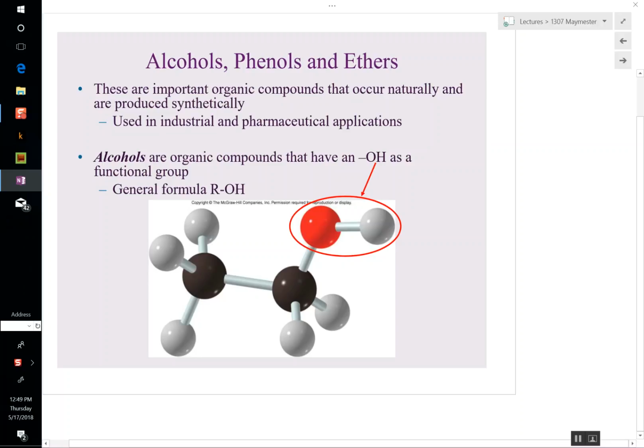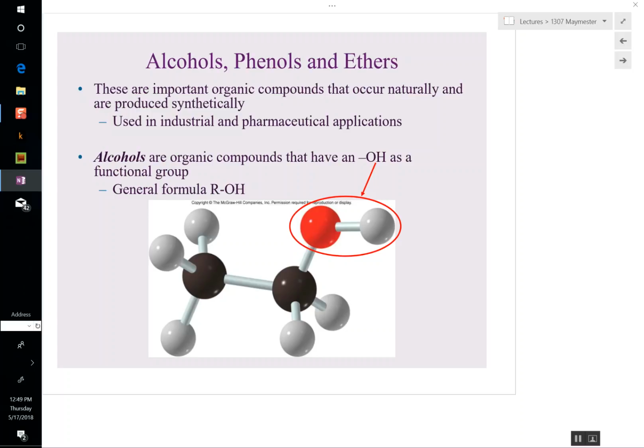Here's our little guy. Looks like a little puppy dog, right? There's our oxygen. There's our OH group, a hydroxyl group attached to a carbon. And that is the functional group of alcohols, a hydroxyl group, an OH.